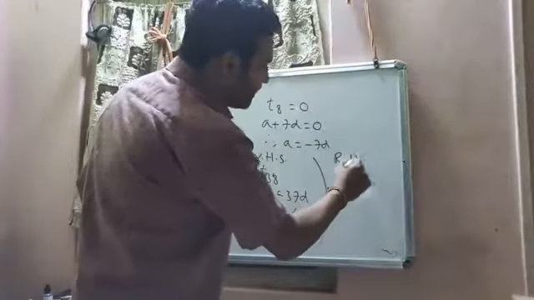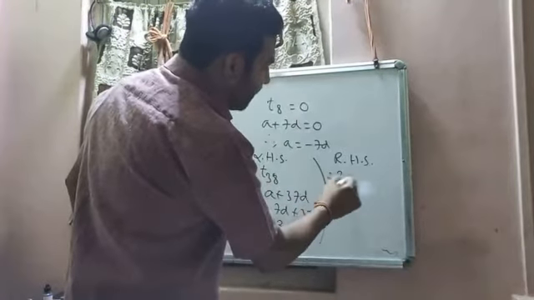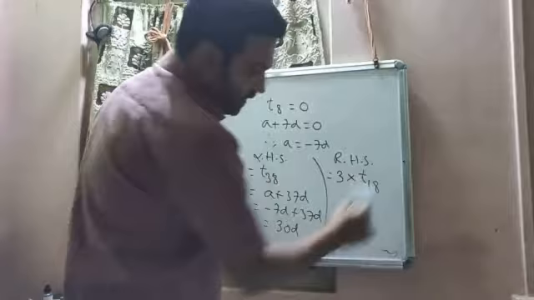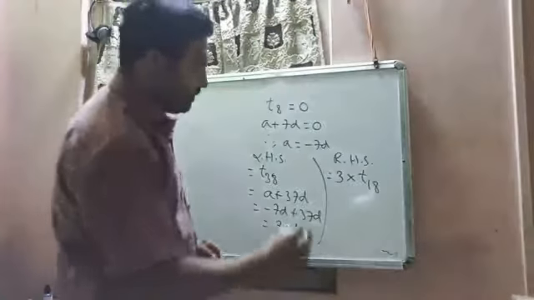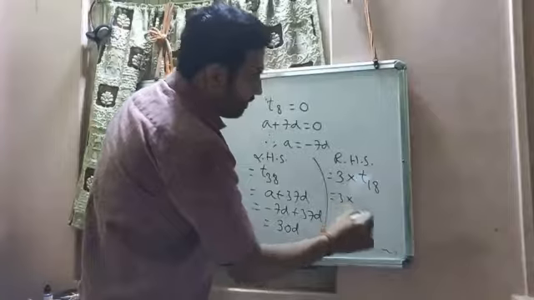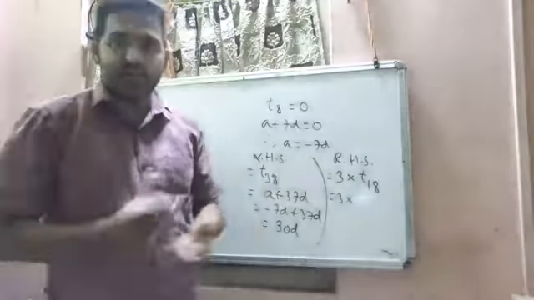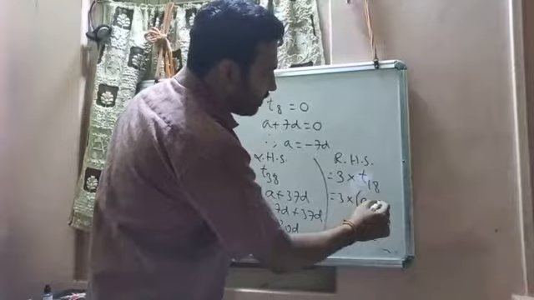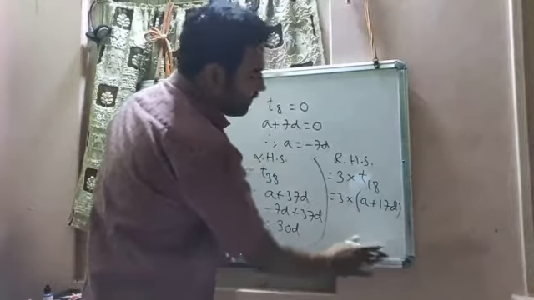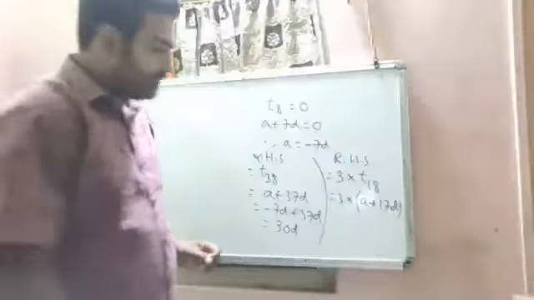Now let's move to the right hand side. We have 3 times term 18, this is what we have to prove. So 3 into, let me find the 18th term. Again, the 18th term is A plus 18 minus 1, which means 17 times D. Clear?